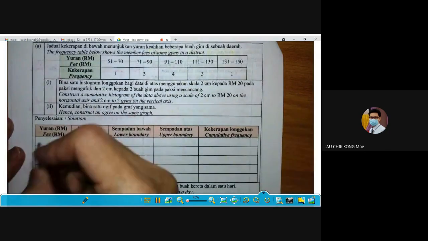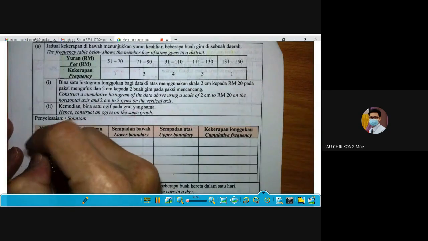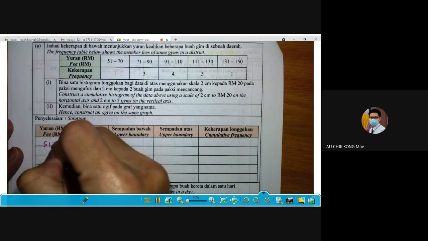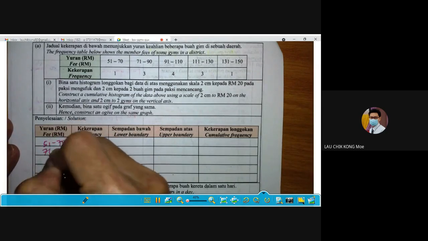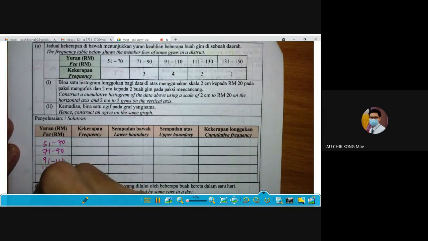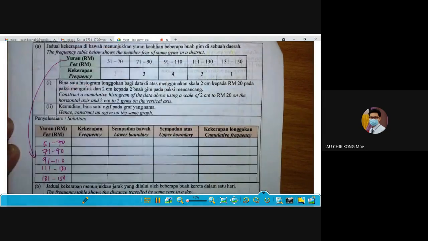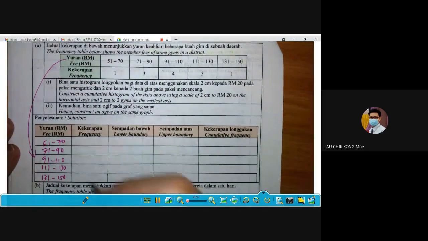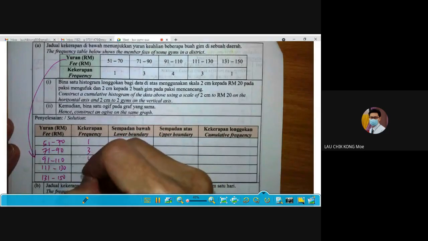So the fee is 51 to 70, 71 to 90, 91 to 110, 111 to 130, 131 to 150. Oh, you just copy down from atas ini ya, above. Okay, frequency 13431.